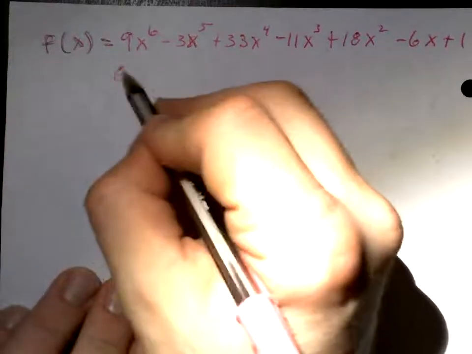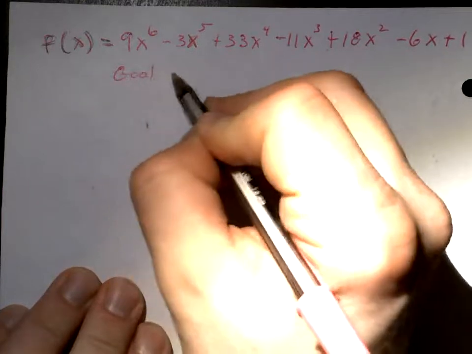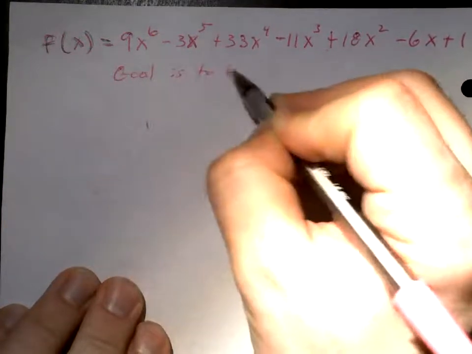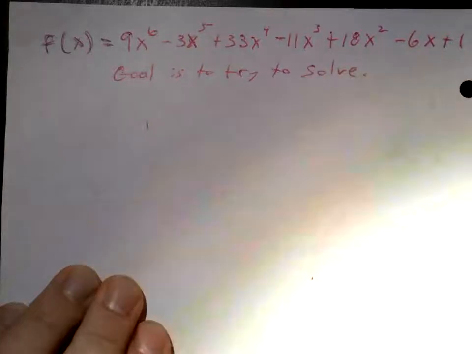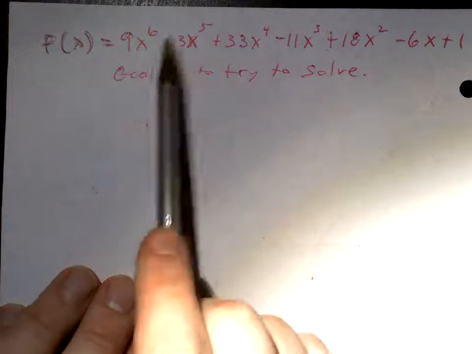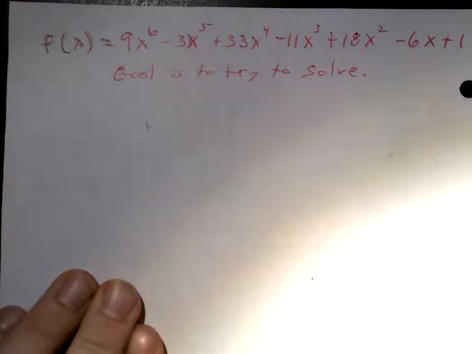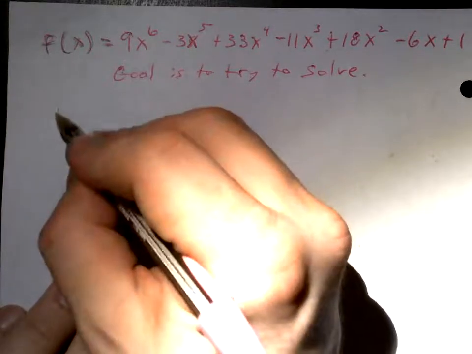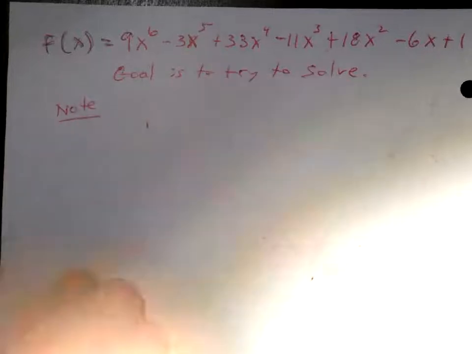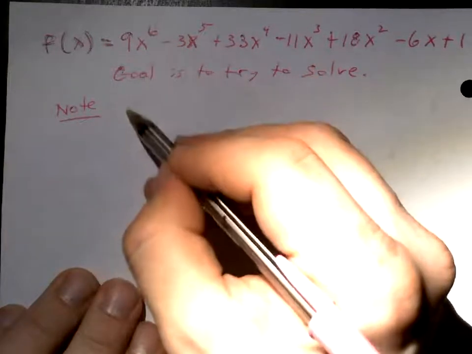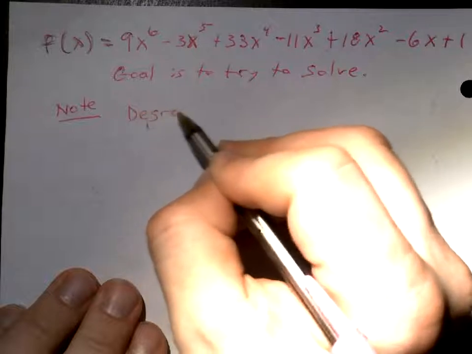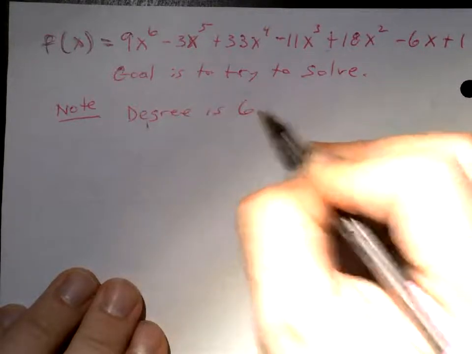Remember, our goal is to try to solve. We're trying to find the x-intercepts. There's no way. There's a lot here. You have 6th power. So we have to have a picture. So here's a note. Here's what we knew. Here's what we have. We know that, one, the degree is 6.